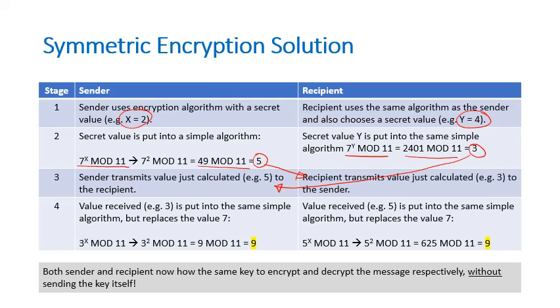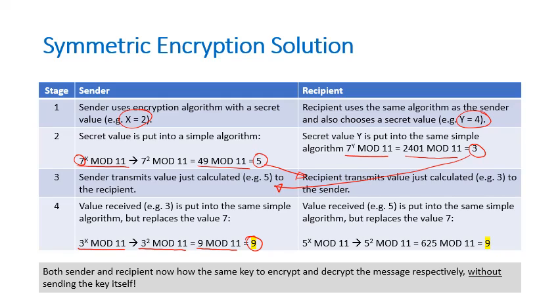Then finally, in step 4, we use the same algorithm, just substituting 7 with the number that was calculated and received by the other person. So here the sender is 3 to the power of X, or 3 to the power of 2, the original secret value, mod 11, which is 9 mod 11, giving us 0 with a remainder of 9.